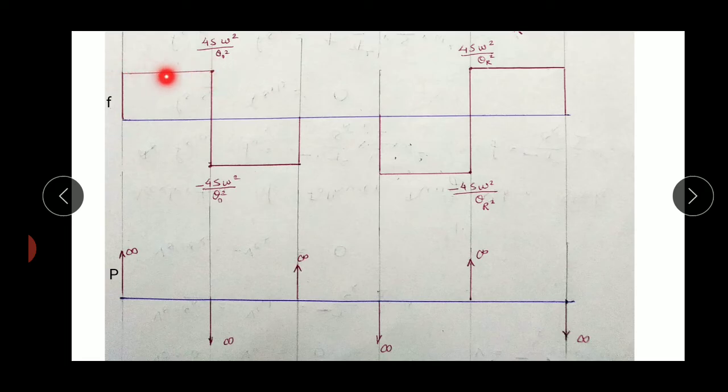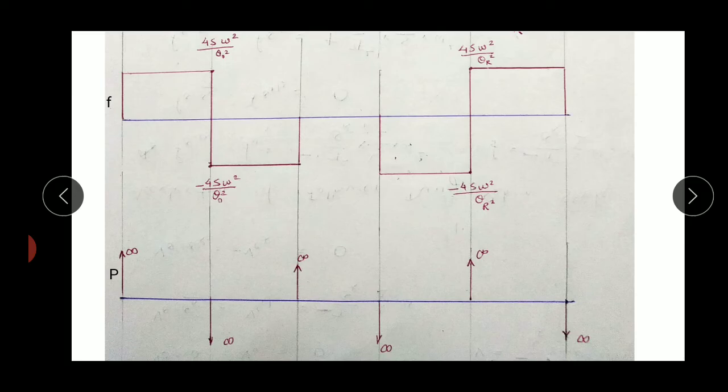So within approximately 0 time, we get a constant acceleration of 4s omega square upon theta o square. As it is a vertical line, it means from 0 to a certain constant value, acceleration is reached within no time, and we have to plot it as a vertical line. As it is a vertical line, its slope is infinity.